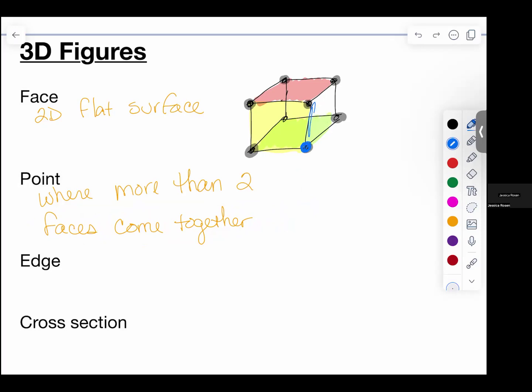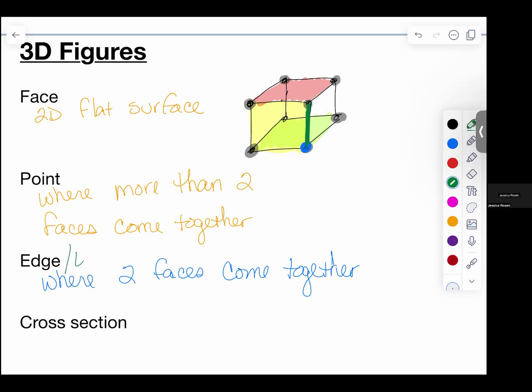And the reason we need that definition clearer is because the edge is where two faces come together. Because essentially that's two-dimensional planes coming together, right? And it's forming this piece right here. So it's forming a line.